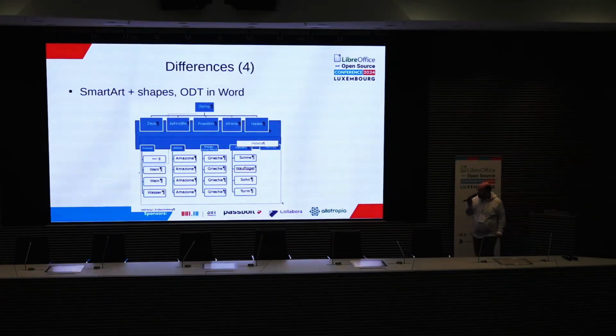Okay, so what do we have? Opening the ODT in Word looks mostly okay. The connector line is a little bit broken here, and this big blue background shape was moved downwards a little bit, and this other Helena shape was also a bit moved down. So shapes are supported, but a little bit glitchy, let's say.